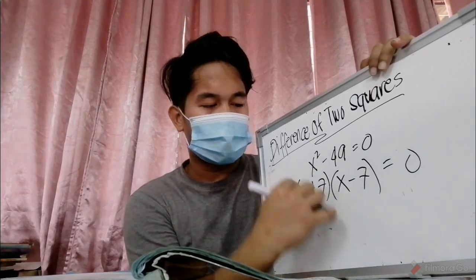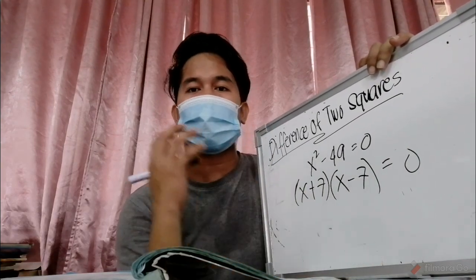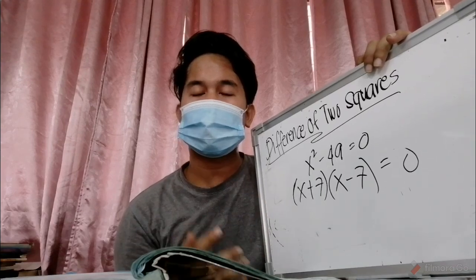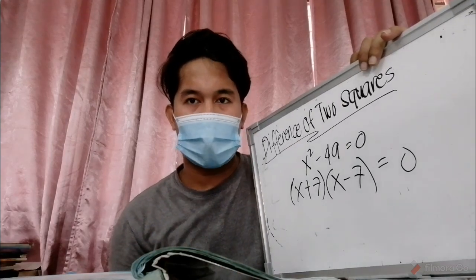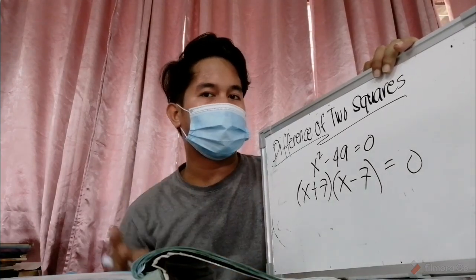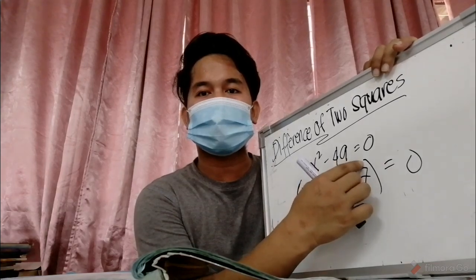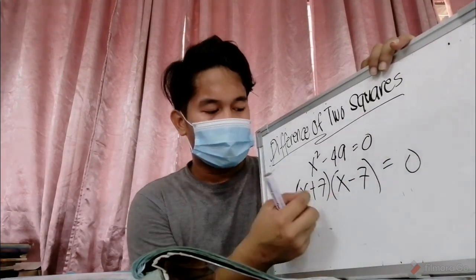negative 49. Okay? And we're going to use the FOIL method. The middle term of the equation is always equal to 0. Okay? Therefore, yun lang, dapat yun ang tandaan dito. Kapag ganito yung given at perfect square yung ating constant, automatic, ganito yung sagot, ganito yung pattern, magkaiba yung sign. Okay?